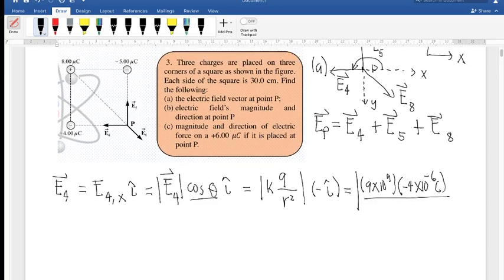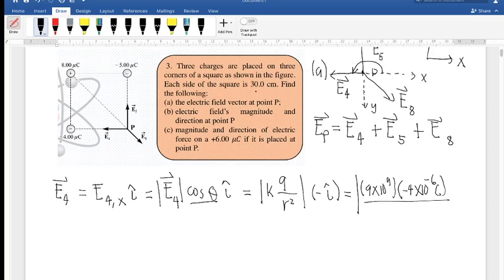Since sabi niya nga, each side of the square is 30 centimeters. So ito ay isang side ng isang square. Meaning the distance between P and negative 4 is equal to 30 centimeter, or that is equal to 0.3 meter. Okay, so ito yung distance niya.